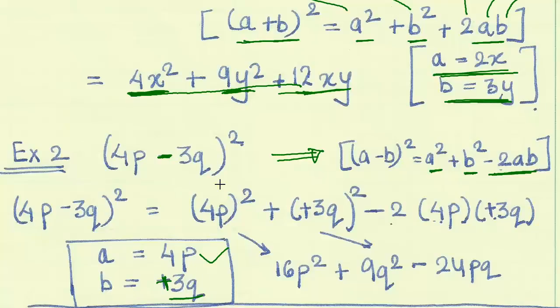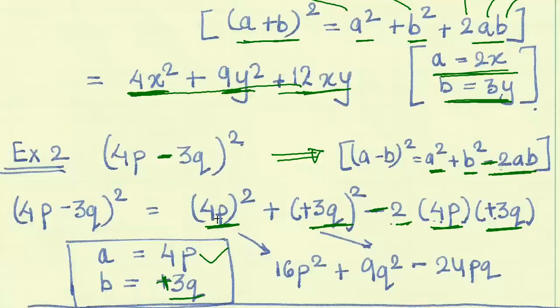Okay, so all we are going to do is substitute. a squared becomes (4p) squared, b squared becomes (3q) squared, minus, look at this minus sign over here, minus twice of a, which is 4p, and 3q is b. Now you simplify. 4 times 4 is 16, so you have 16p squared. Remember, each and every factor in the term 4p must be squared.